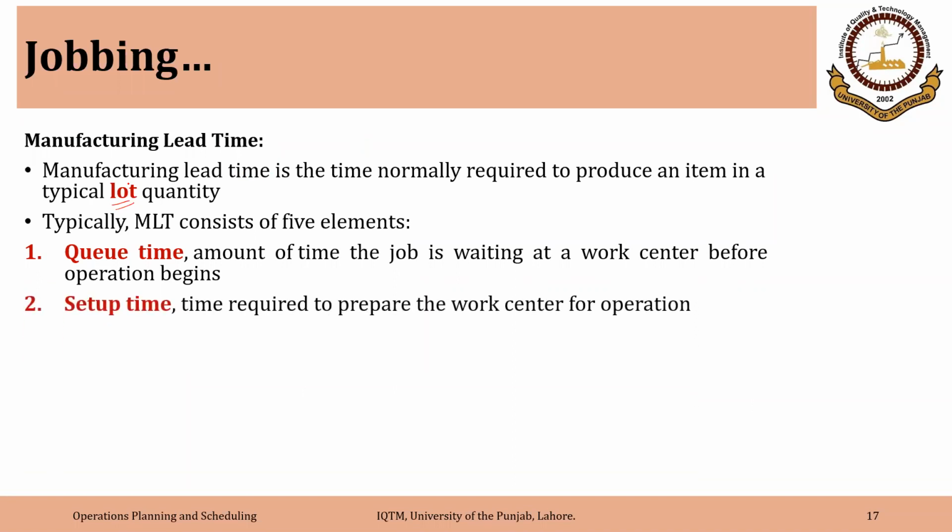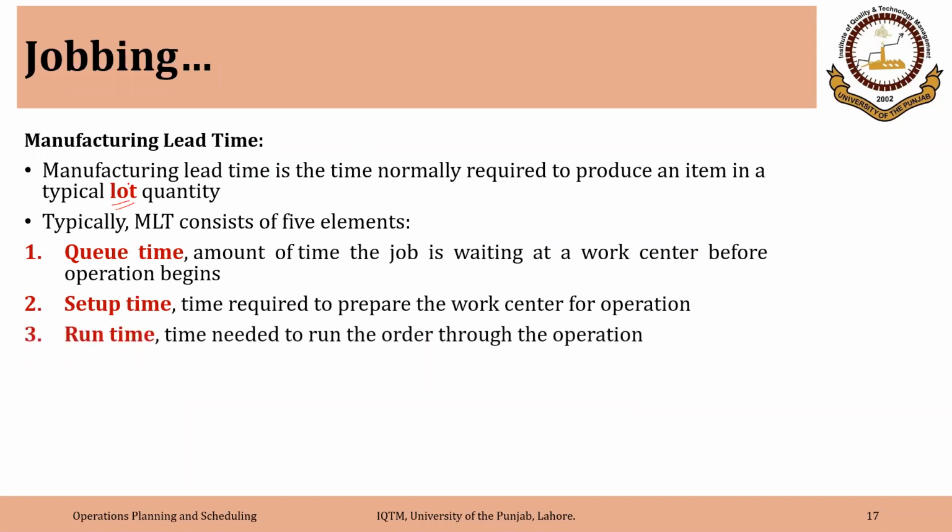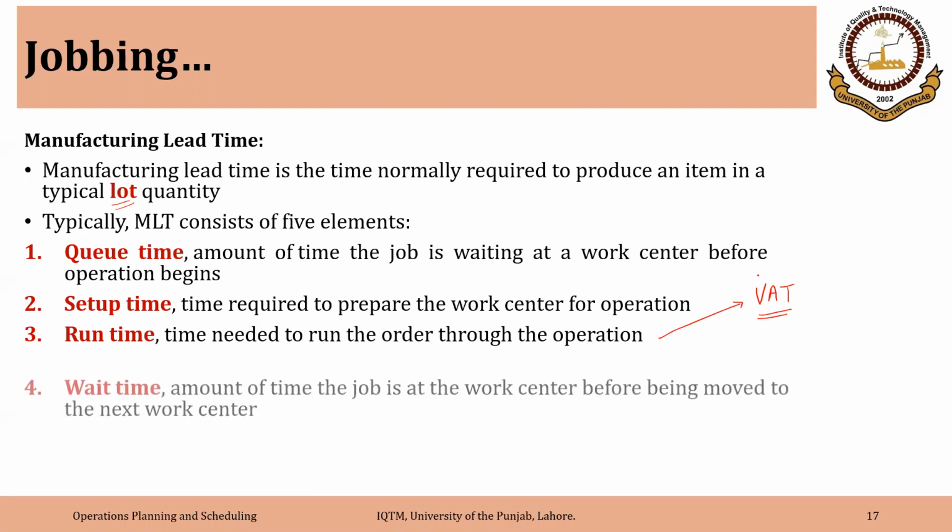Setup time is the time required to prepare the work center for operation. Runtime is the time needed to run the order through the operation. So that is sometimes called the processing time or the operation time. So that is the actual time being spent on the machine. And in terms of lean manufacturing, this is the only element of value adding time. The rest of the four are actually non-value adding times.